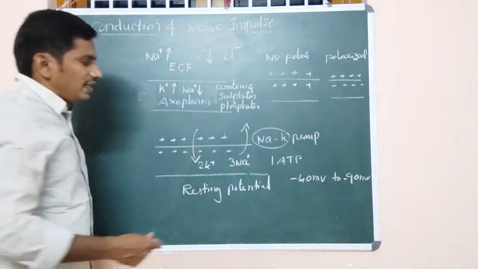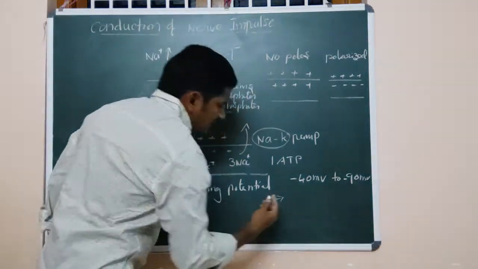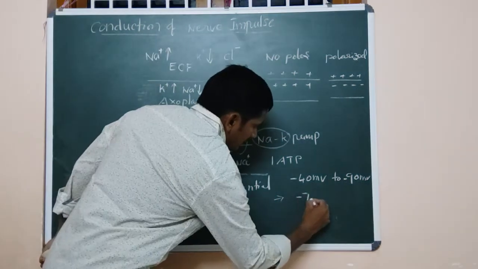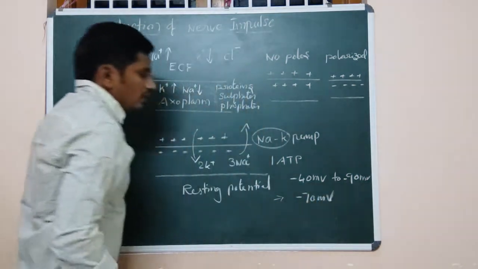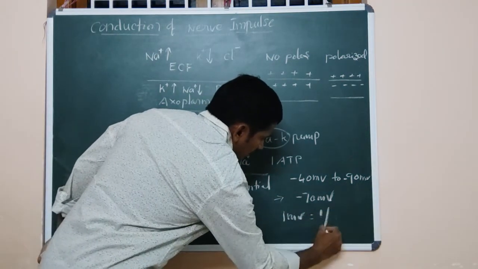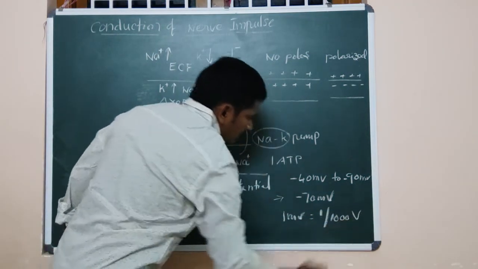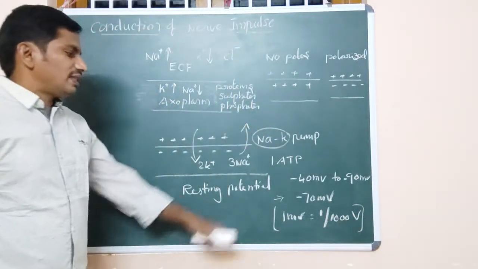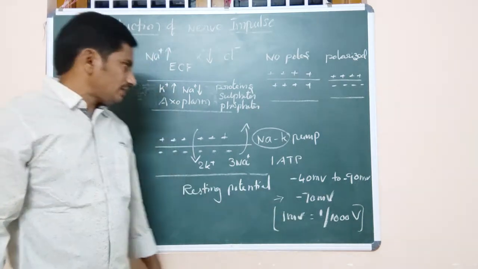On average, the typical value of the axon potential we consider is minus 70 millivolt. Remember that 1 millivolt is 1 by 1000 volt. So the typical value is minus 70.